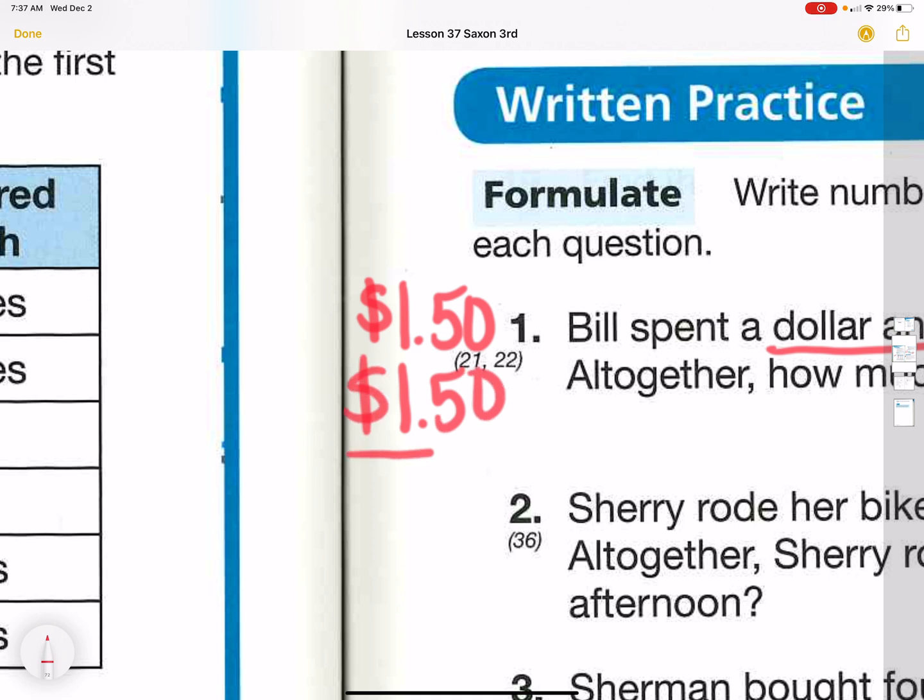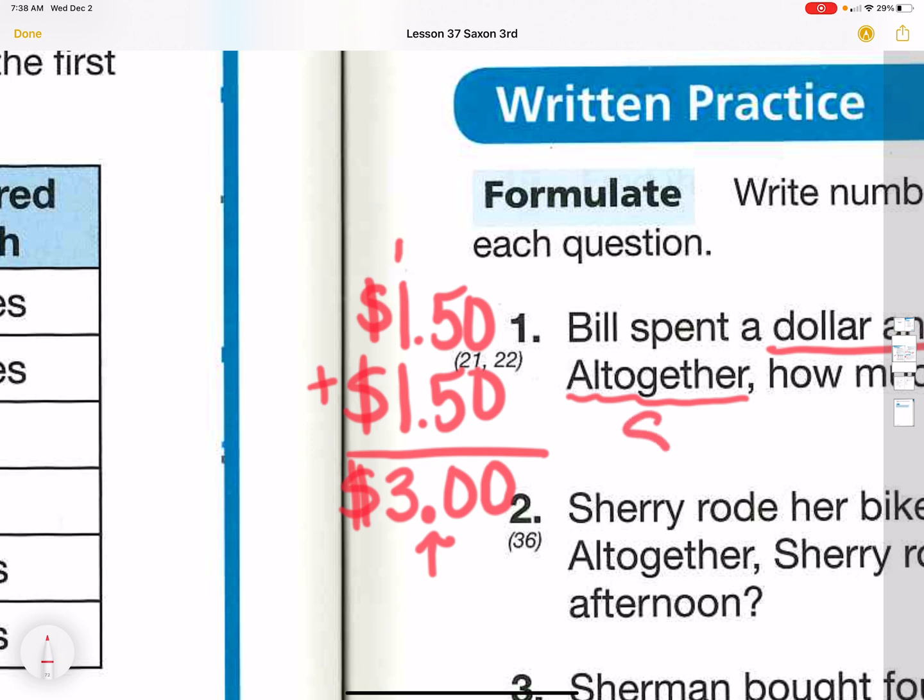And altogether. Sometimes you're coming up to my desk asking plus or minus, plus or minus. It tells you right here, we're adding. So 0, 5 and 5 is 10, and you regroup. This is very important too, this decimal. And then we have $3 all together for number 1.